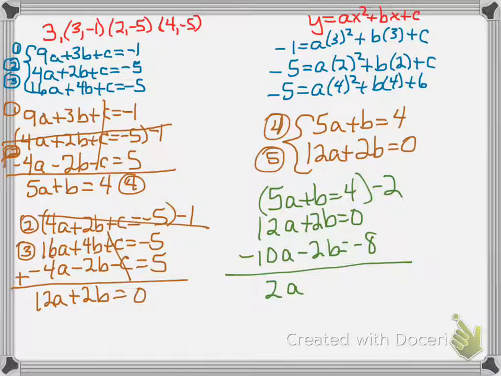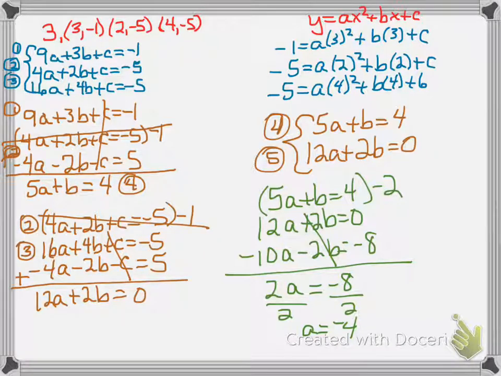Okay, so now I'm going to add: 12 minus 10 is 2a, and then -2b and +2b cancel each other out, so I'm left with 0 minus 8, which is -8. I'm going to divide that by 2, and I am left with a is equal to -4.